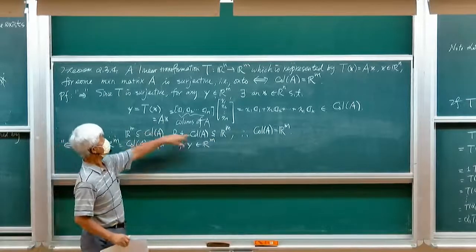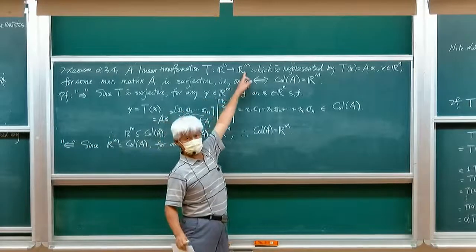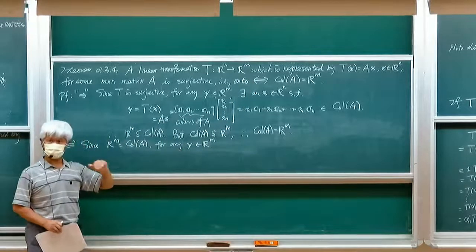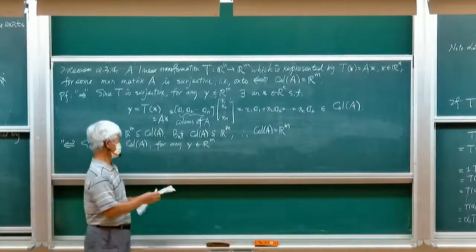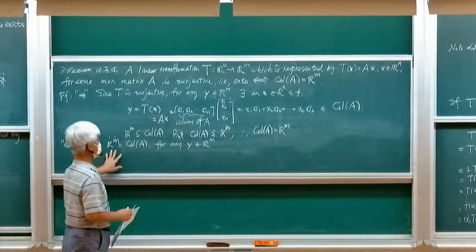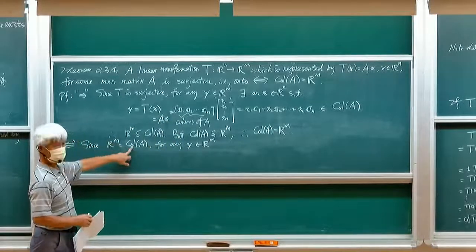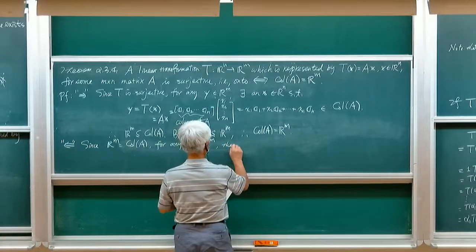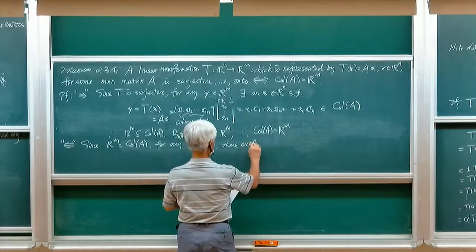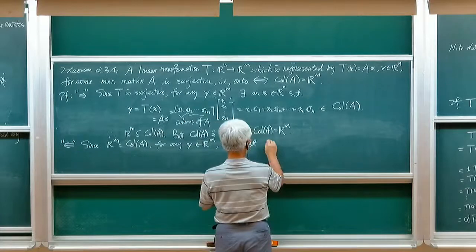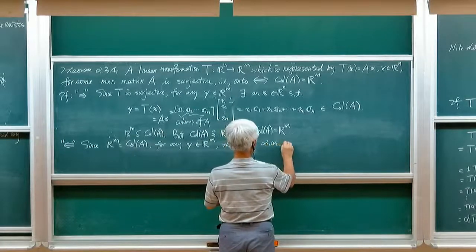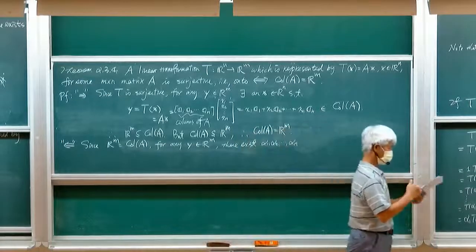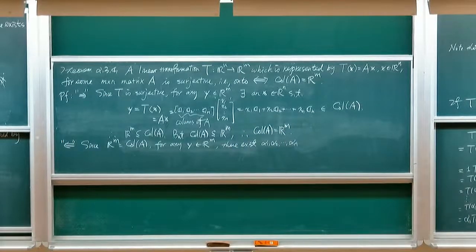Rm is the codomain of the linear transformation T. So for any vector in the codomain, and because Rm is equal to the column space of A, there exist alpha 1, alpha 2, up to alpha n. There is a typo, okay?